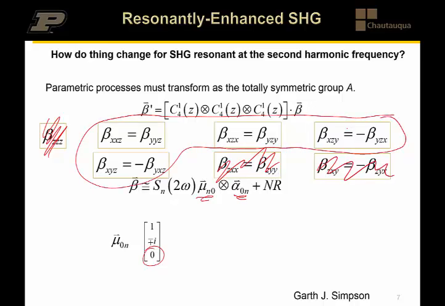In the case of second harmonic generation, the alpha must be a symmetric matrix because of the degeneracy in the frequency. And so therefore, these two are equal, and these two are equal. And so we have 2 unique sets of vectors corresponding to the symmetry allowed elements in molecular hyperpolarizability for second harmonic generation.